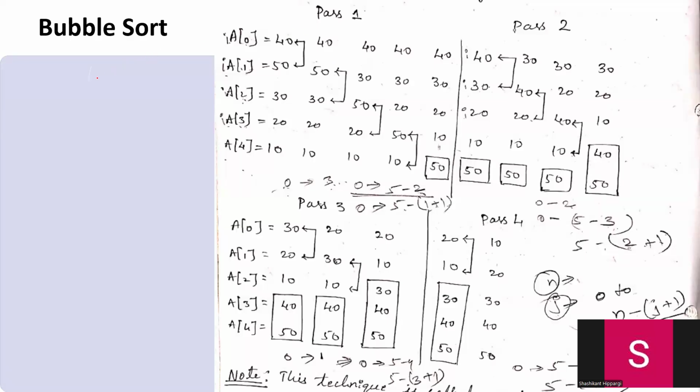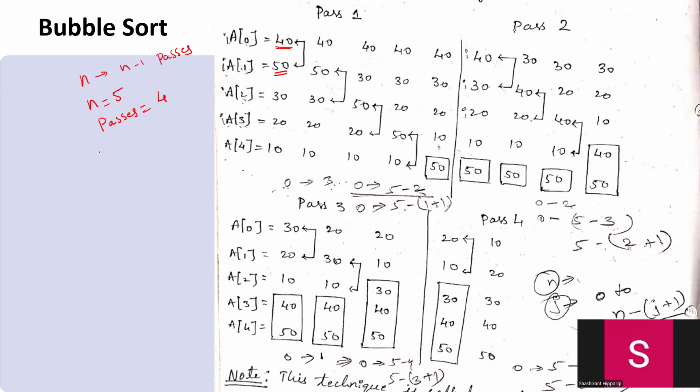It's very clear now that if we have n number of elements, then we will have n minus 1 passes. In our example, we have 5 elements, so the number of passes will be 4.